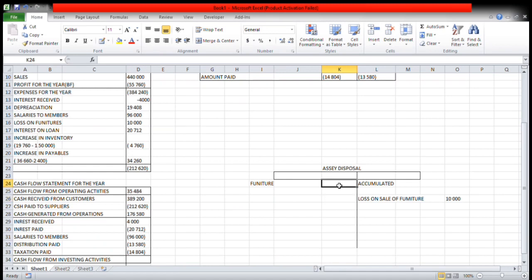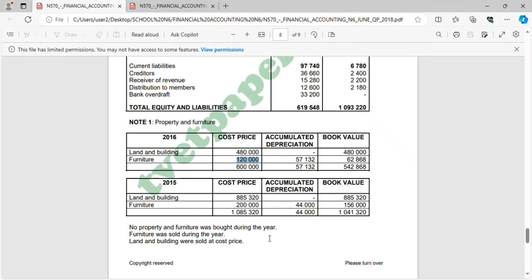So here we're going to have 80,000. The same applies to accumulated depreciation. We're just going to do the same as what we did when we were determining the cost price. Here we have the accumulated depreciation at the beginning of the year, 44,000.